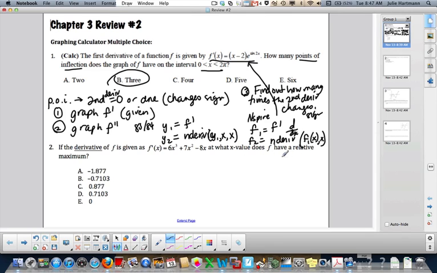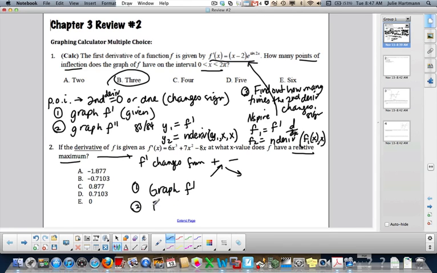relative max? All right, so relative max, you know that's when the derivative changes, you're going from positive to negative because you go from increasing to decreasing. Okay, so step 1, you're given the derivative, so graph f prime.